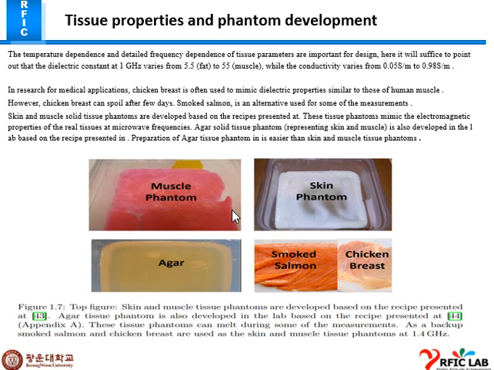Skin and muscle solid tissue phantoms are developed. These tissue phantoms mimic the electromagnetic properties of real tissues at microwave frequency, and an agar-based solid tissue phantom is also developed, based on the preparations.